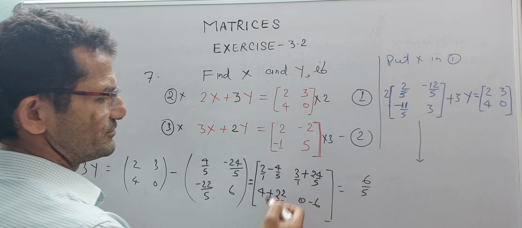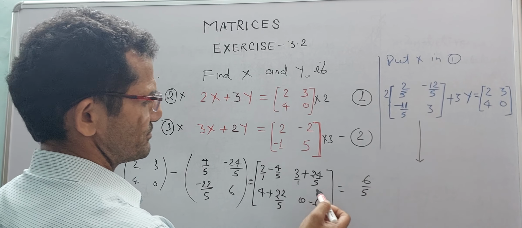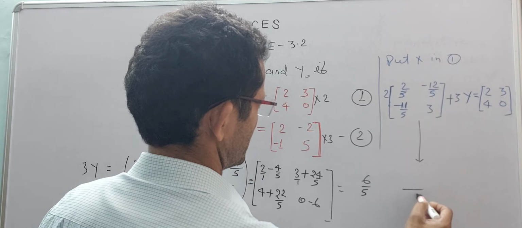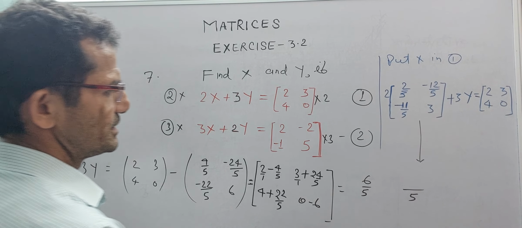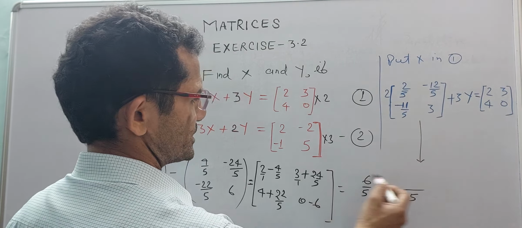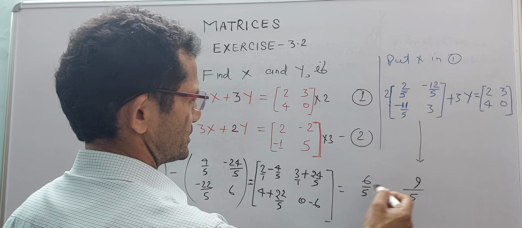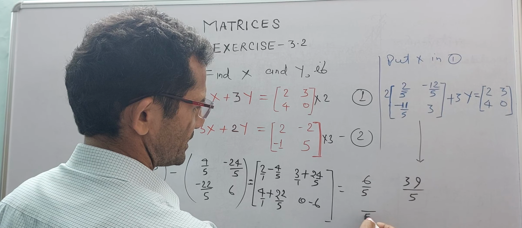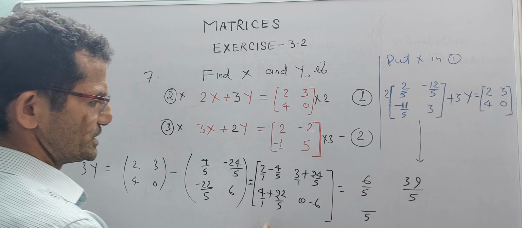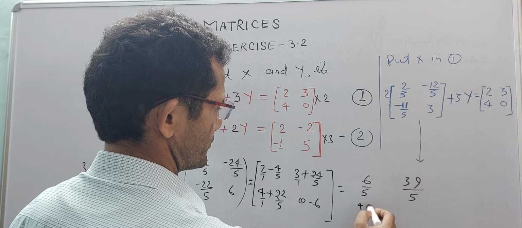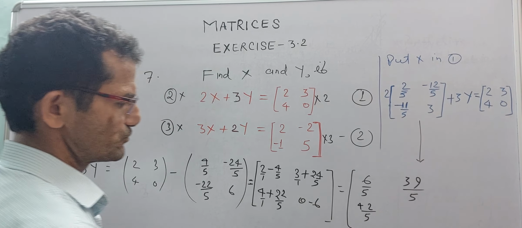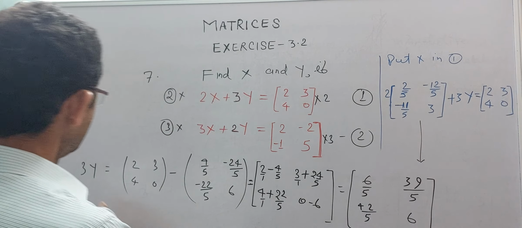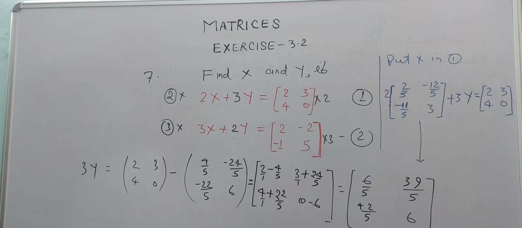Taking the LCM 5, 5 into 3, 15 plus 24, so 39 divided by 5. Here taking 5 as the LCM, 5 into 4 is 20, 20 plus 22 comes to 42, divided by 5, and 0 minus 6 is minus 6. So this is the value of 3 times y.